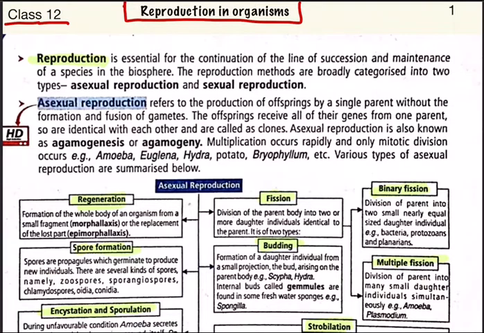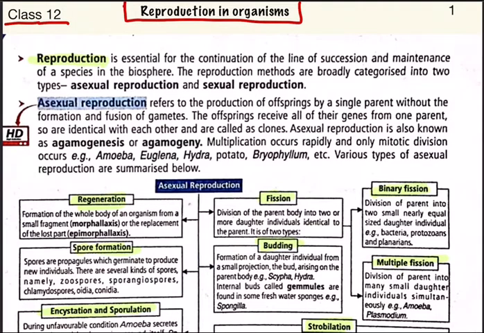Once they start producing their own type, it ensures that the species identity is continued. That means that particular species is not going to become extinct. Reproduction ensures that species will remain on this earth for a longer duration. Hence, reproduction is very important for every species.